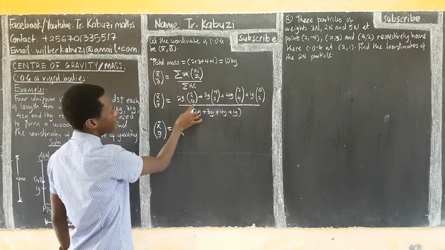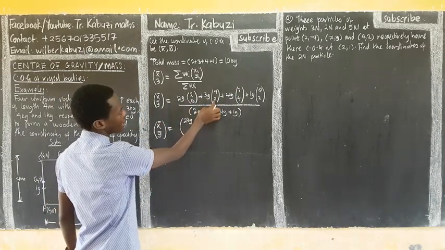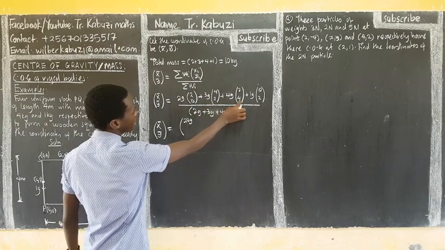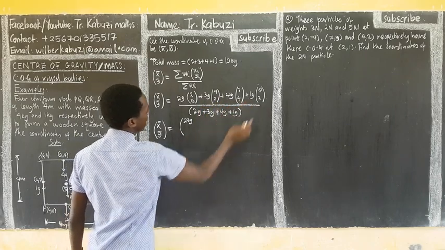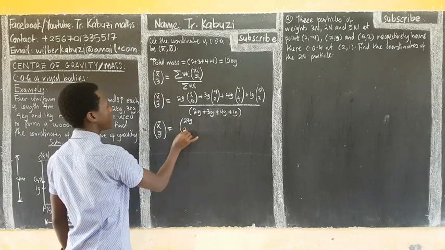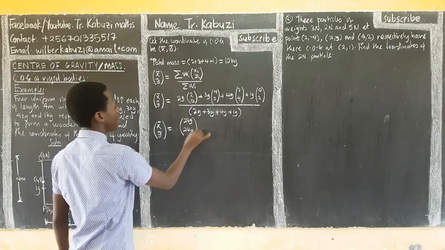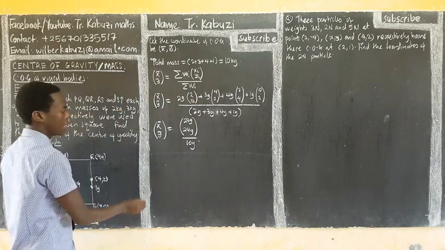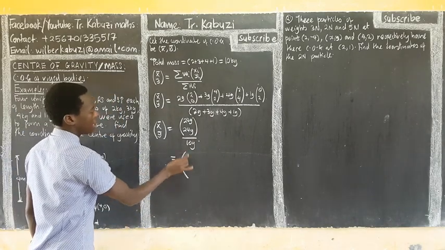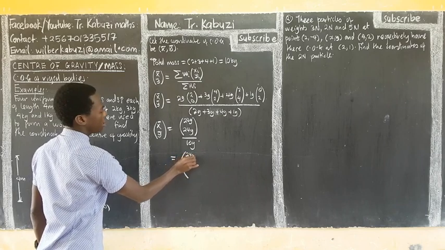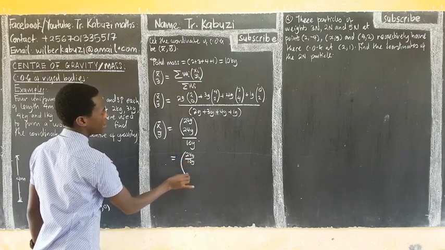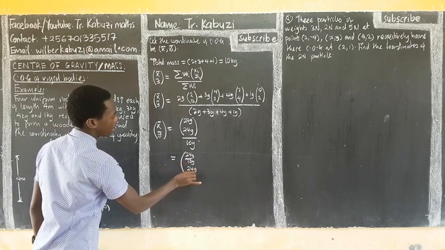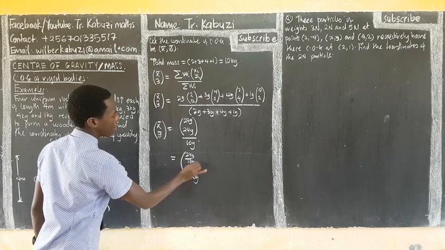Then when you come down, you have 0 plus 6, plus 16, that's 22, plus 2, which is giving us 24g. The whole over, when you sum there, you get 10g. So we get 24g divided by 10g, then also 24g divided by 10g.